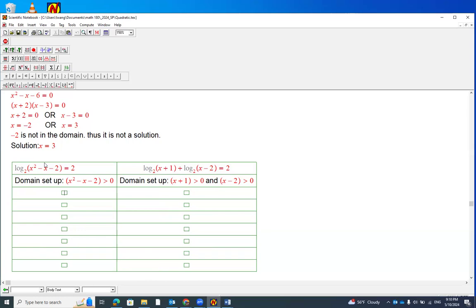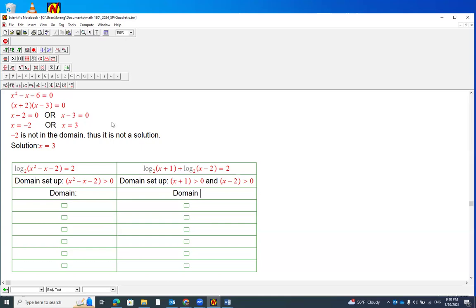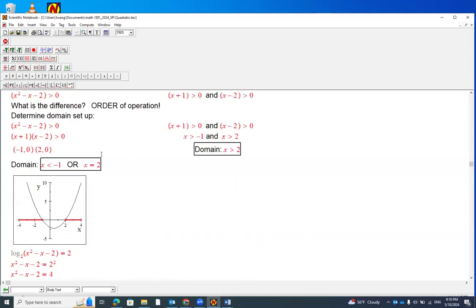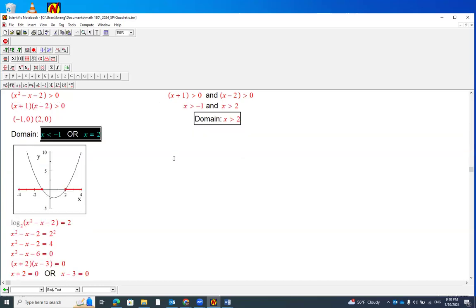And so the domains in the end, after this setup, are like this. We have gone over it.